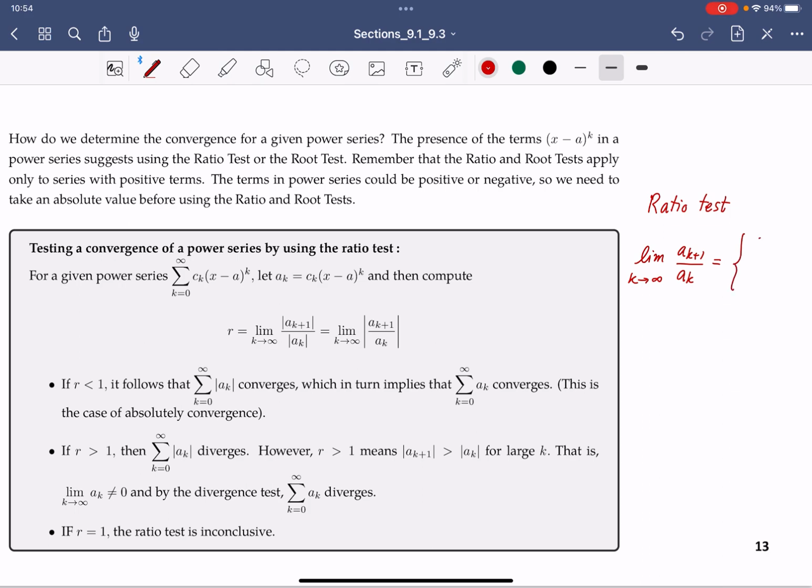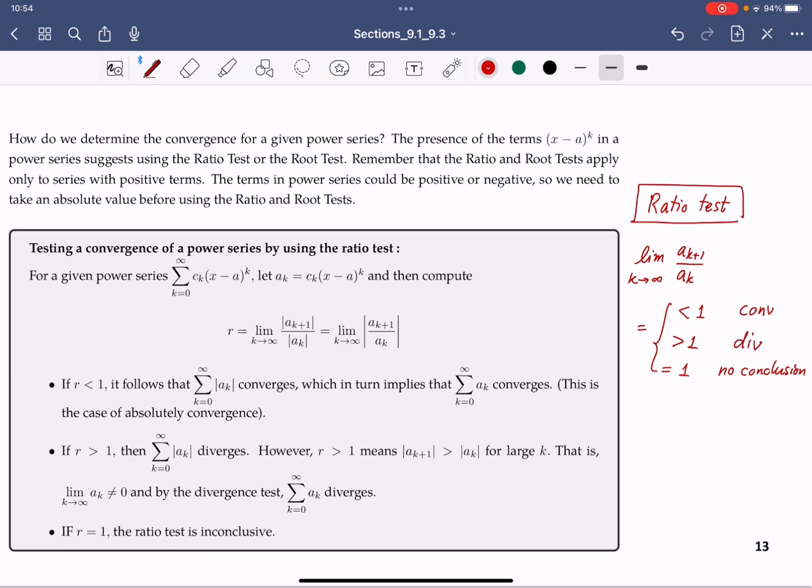If it is something less than 1, we say that the series is convergent. Something bigger than 1, the series is divergent. Something equal to 1, we have no conclusion. This is the statement of the ratio test that we learned before.